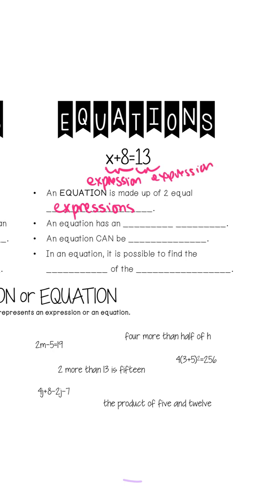Now, if it's an equation, it can be solved, and the big thing is it has an equal sign. That is the big difference between an expression and an equation. An equation has an equal sign, and it can be solved. So I can figure out the value of that x. In an equation, it is possible to find the value of the variable.